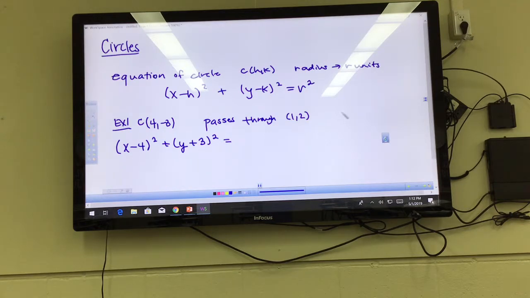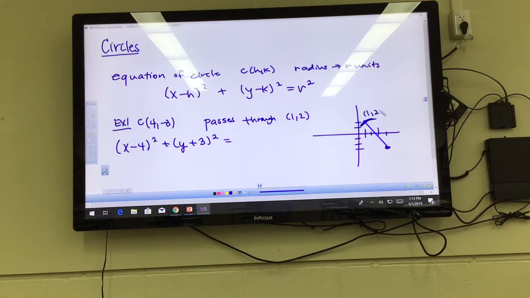But if we draw a sketch of this and we know that the center is at (4, -3), and it passes through point (1, 2), that means that the circle is going through that point (1, 2), and it has a radius from the center to that point. So I can easily find the distance of the radius by using the distance formula.